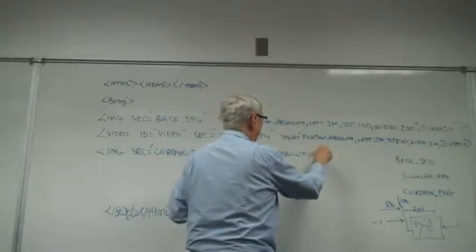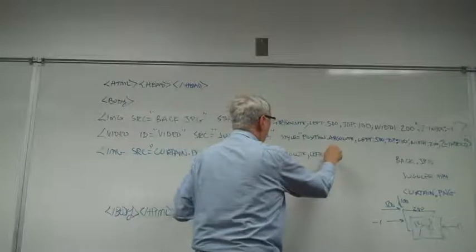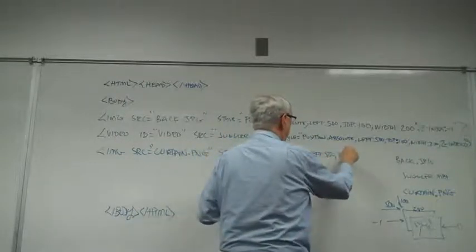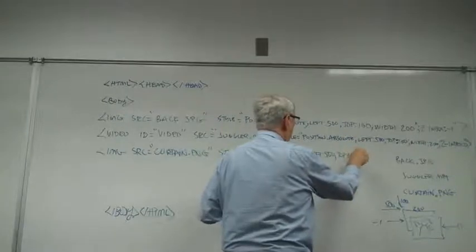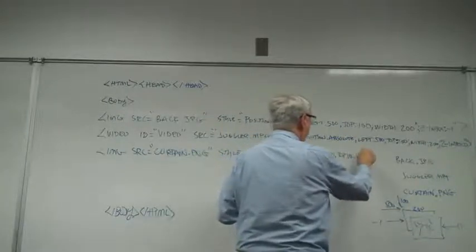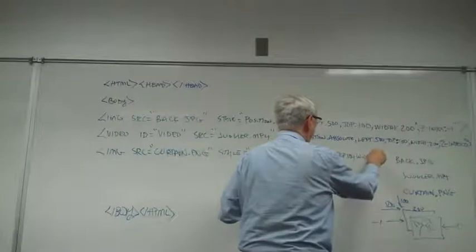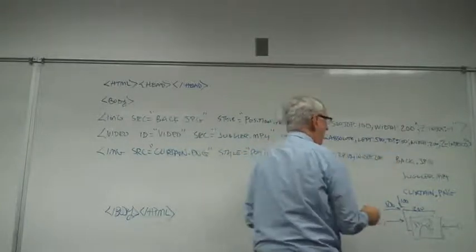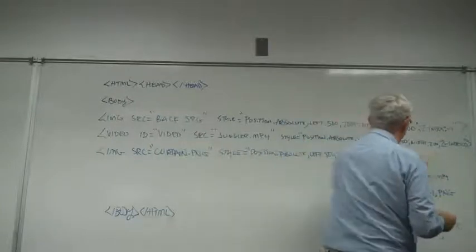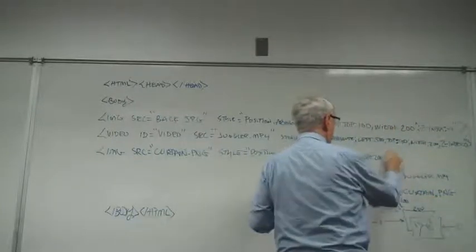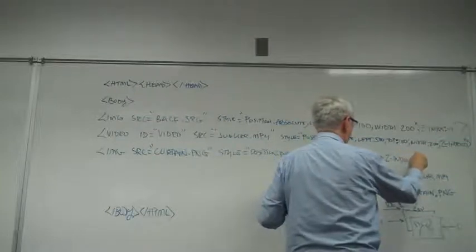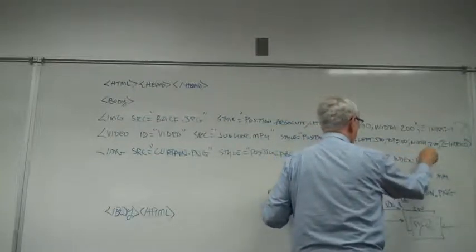Left 500. Top 100. Width 200. And you may have to change this. And 200, and z-index. This is where you've got to be careful. Colon is 1. Because you want to.